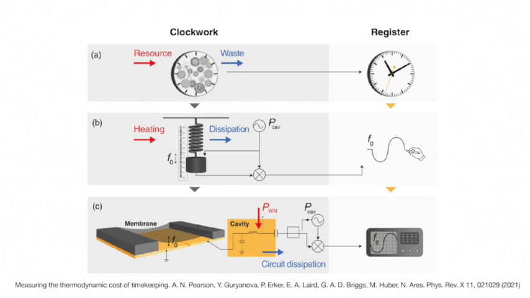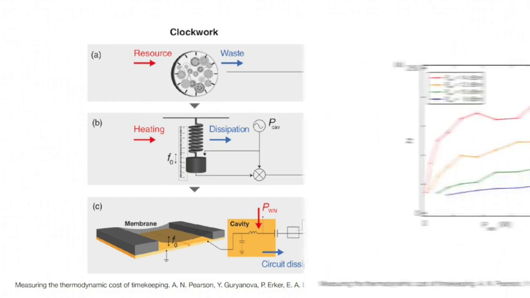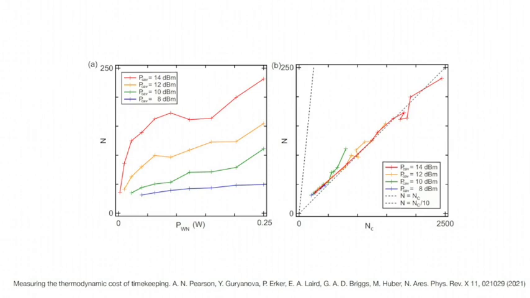What we saw here is something in the same direction as we derived in the first model of the minimal autonomous clock: with higher power we also get higher accuracies. Here the different lines represent different power levels of the readout tone.